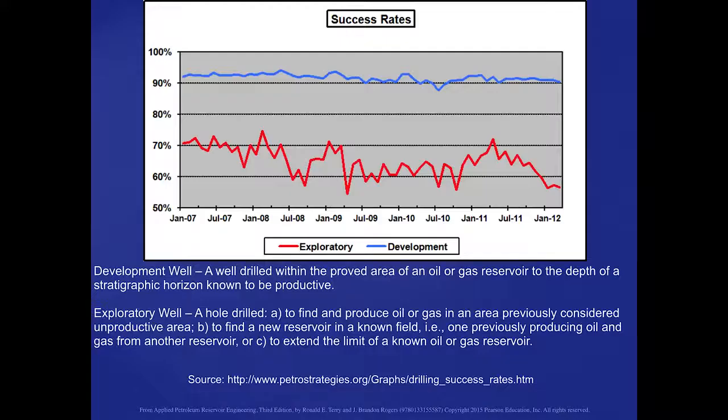If it's an exploratory well, our success rate is not as good, as you can see in this slide. Many years ago, our success rate was even much less than this. It was 1 out of 7 or 1 out of 11 wells would be successful.